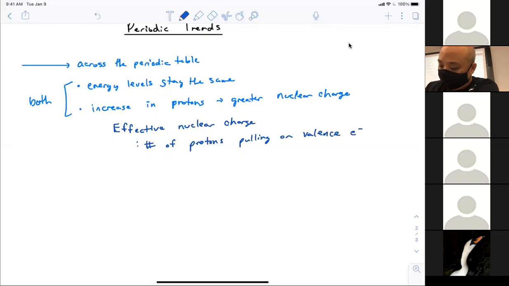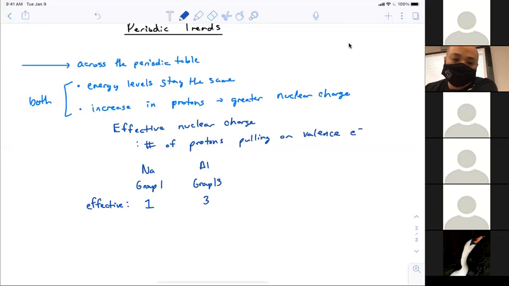For sodium, which is in group 1, you have an effective nuclear charge of 1. Aluminum, in group 13, would be 3, because it has 3 valence electrons and effectively 3 protons pulling on those electrons. Sulfur is in group 16, so there's an effective nuclear charge of 6.